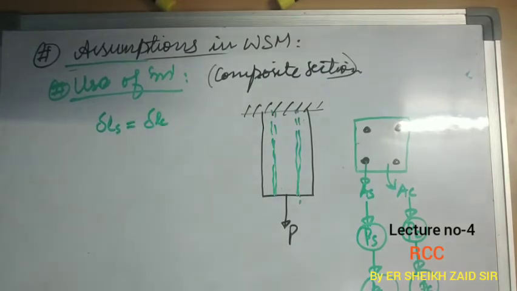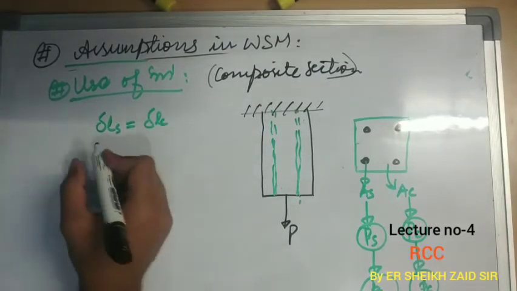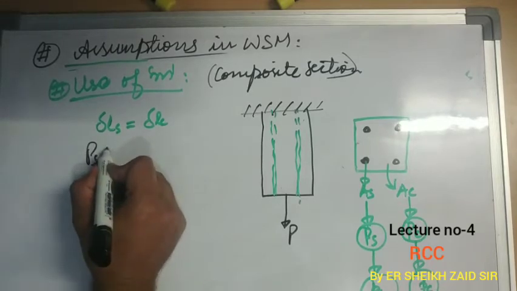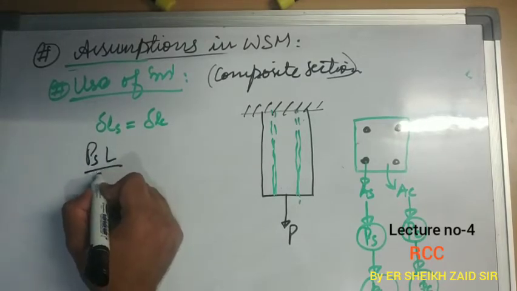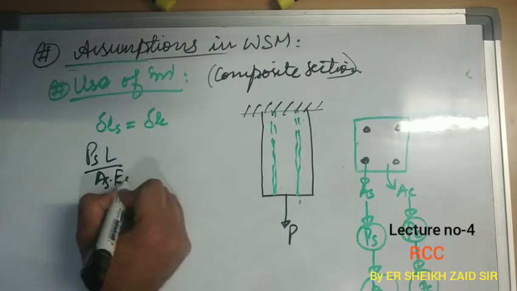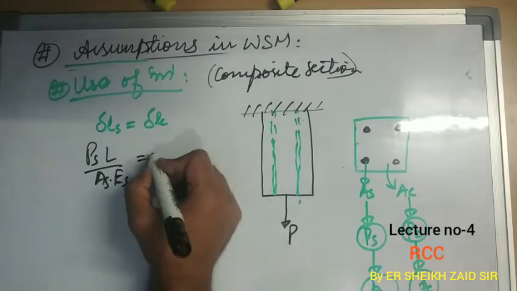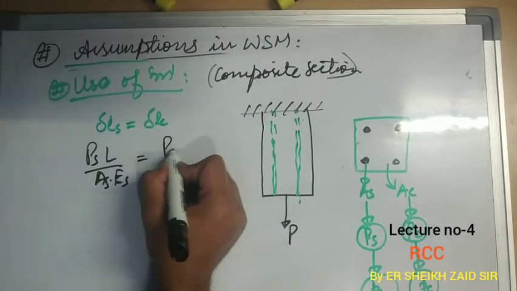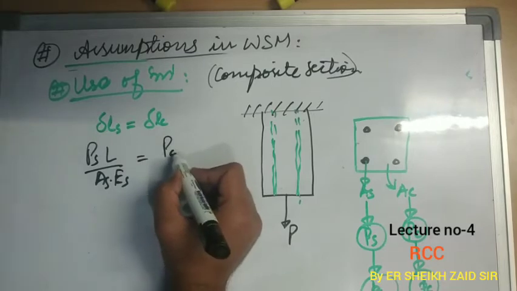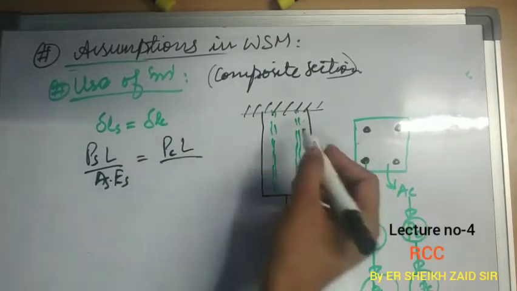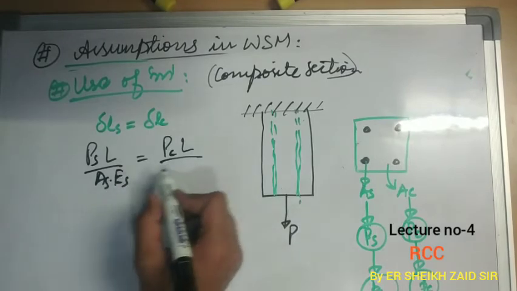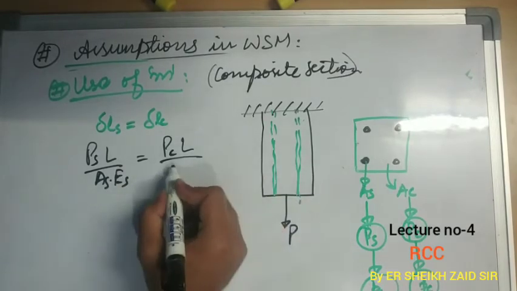We know the formula of elongation, PL upon AE. So P steel into L upon area of steel into E steel, Young's modulus of steel, is equal to force in concrete into L upon AC into EC. Length is same for both the members of this composite section.